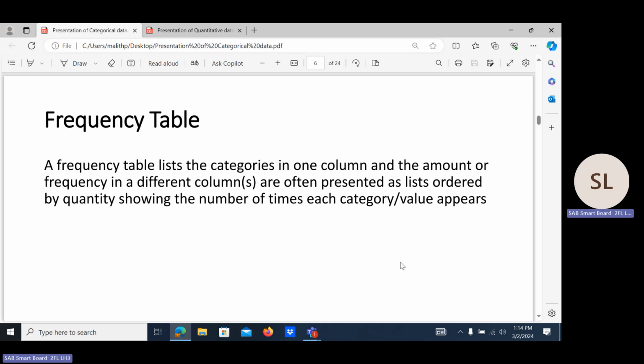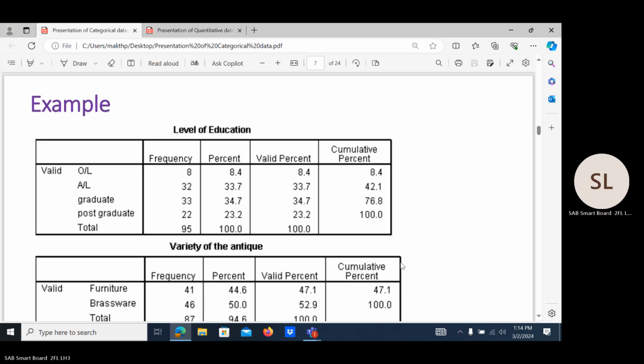The first column always represents categories. Before, you saw the tables. This is the frequency table. The first column represents the categories of the variable: O level, A level, graduate, and postgraduate. The other columns represent the frequency value.